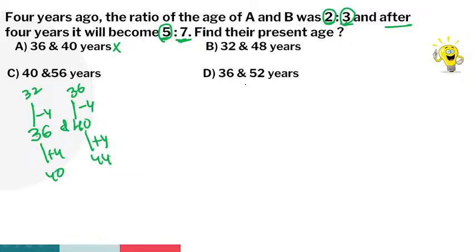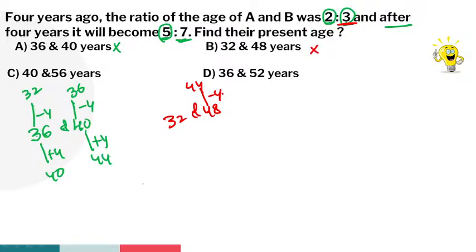Right. And coming to the second option, 32 and 48 years. 4 years ago, so 48 minus 4 is 44. 44 is a multiple of 3? No, that's why it is wrong.